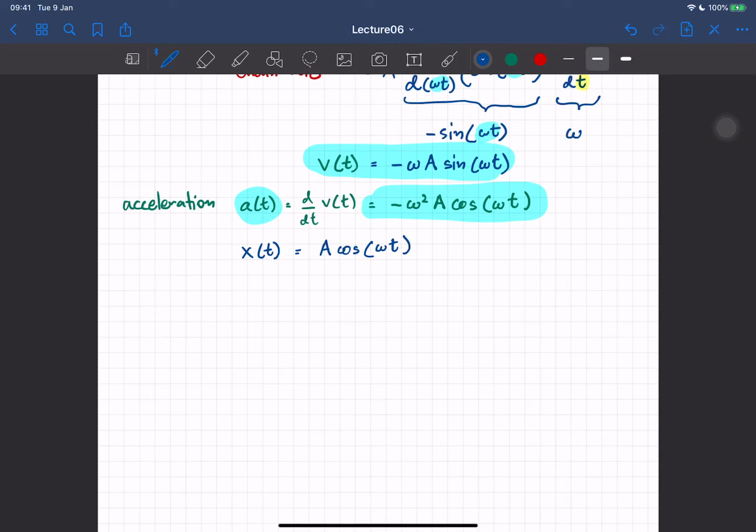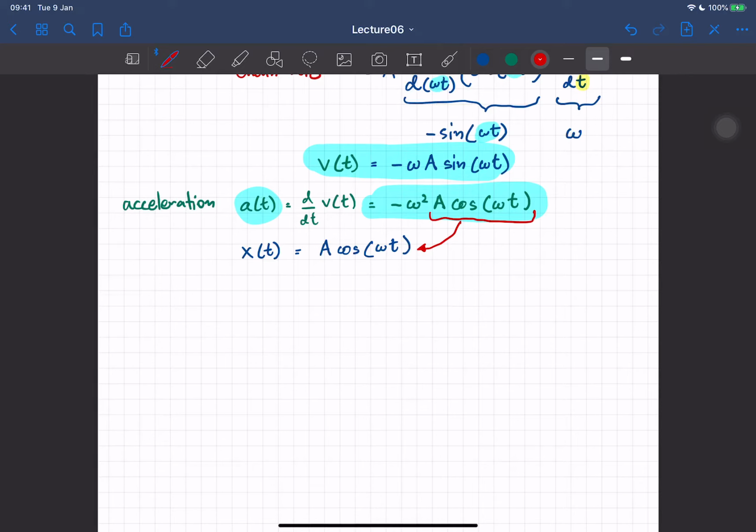Okay, so what you realize is that for the acceleration, it's actually very close to what you have for displacement, because here this part of the acceleration is exactly what you have for the displacement. So in principle, I can substitute A cosine omega t by simply using x of t.